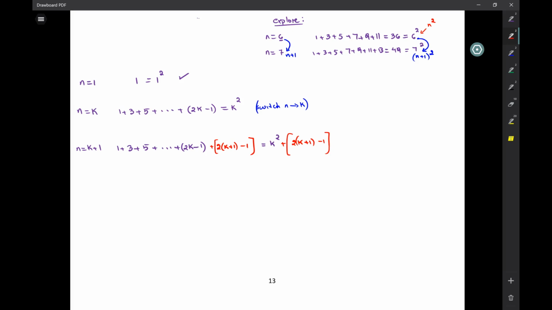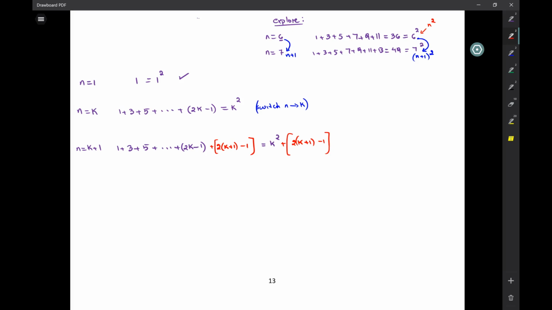So this is the kth term, and then the k plus 1 term. Okay, you see that? Yeah. Right, because it's 2 times the number minus 1, 2 times the number minus 1, 2 times the next number minus 1.